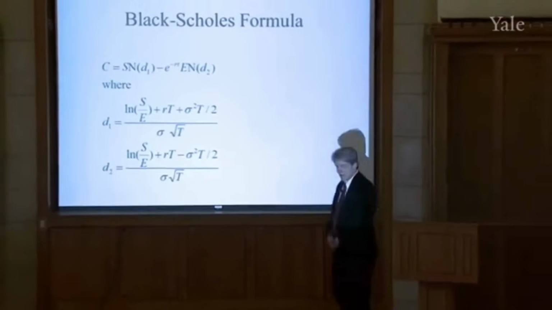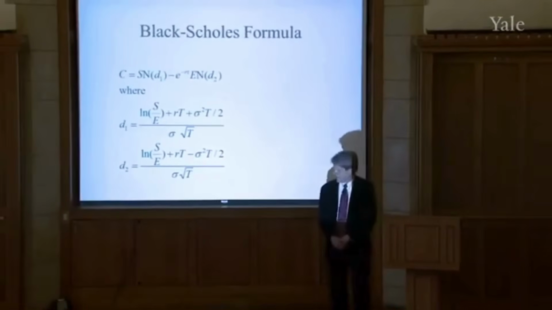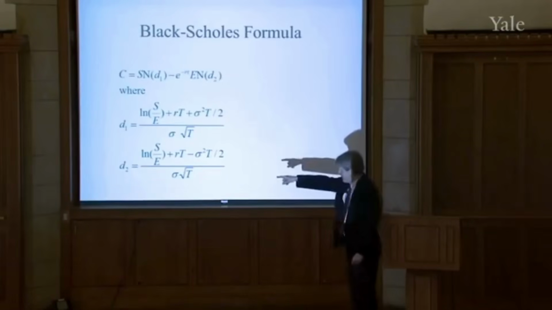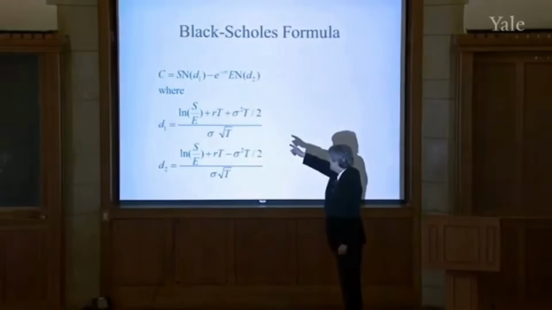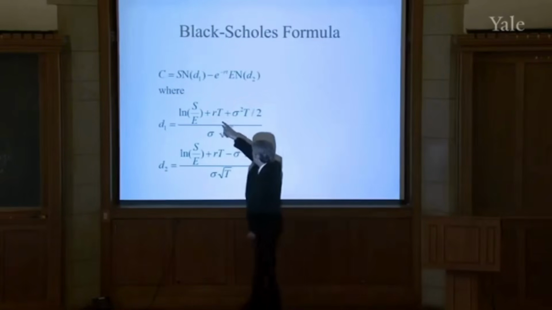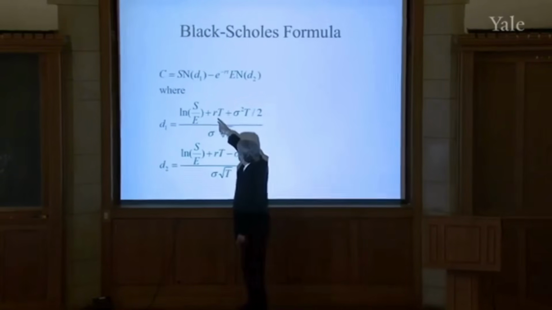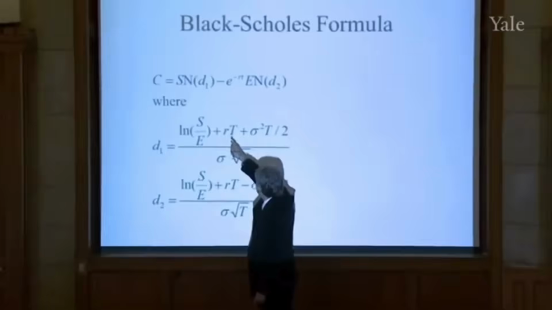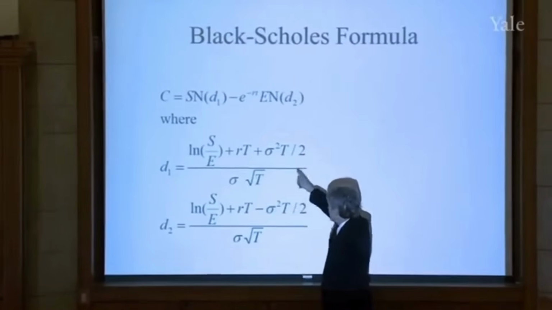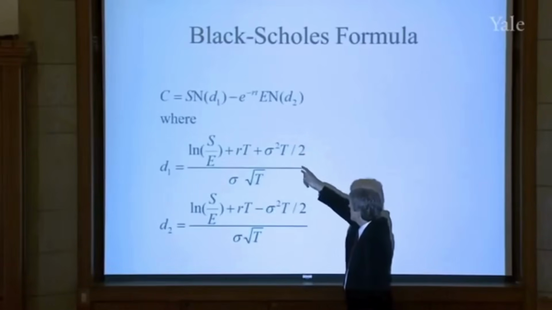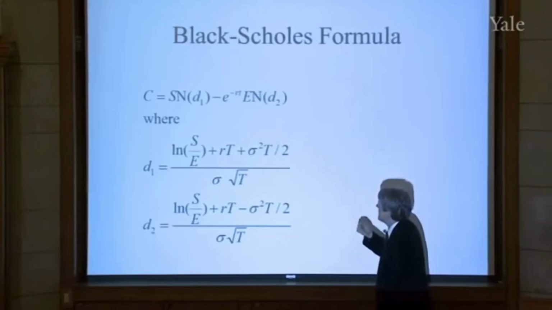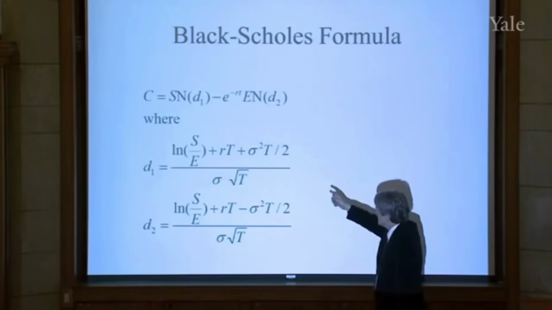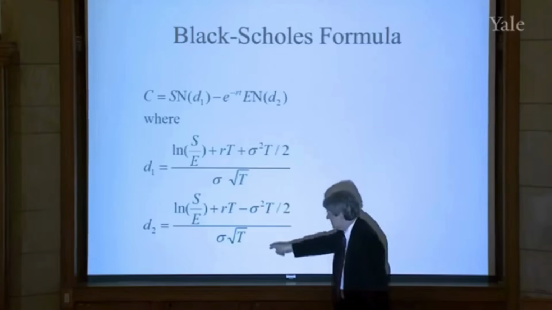So it doesn't have the probability that the option is in the money either, but it looks a little different. It looks totally different from the formula that I wrote over there. The call price is equal to the share price S times N of d1, where d1 is this equation, minus e to the minus r, the interest rate, times time to maturity T, times the exercise price times N of d2, where this is d2.